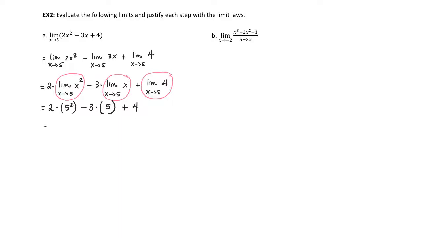So then this is going to be equal to 2 times 25 minus 15 plus 4, which is going to give us 39 as the value of the limit.